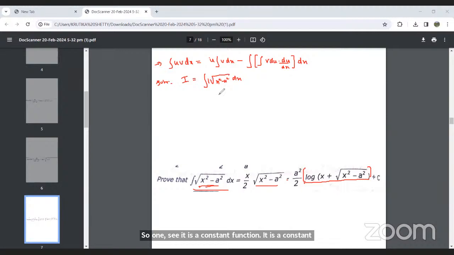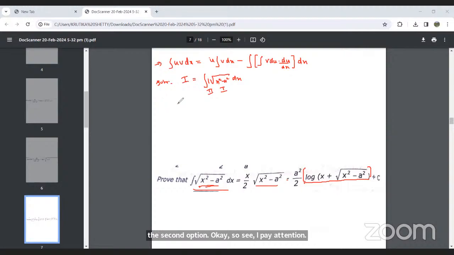So I'll consider root of x square minus a square as the first function, and this is easy to integrate. I'll consider 1 as the second function. Pay attention.